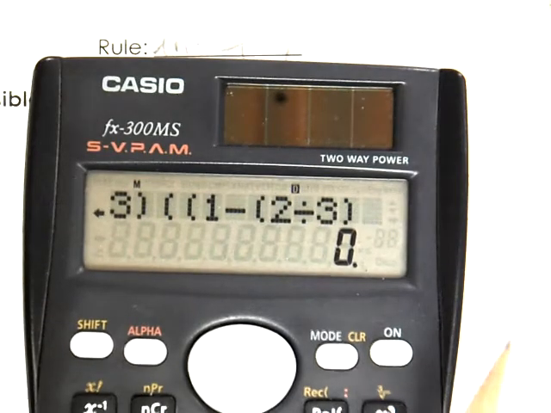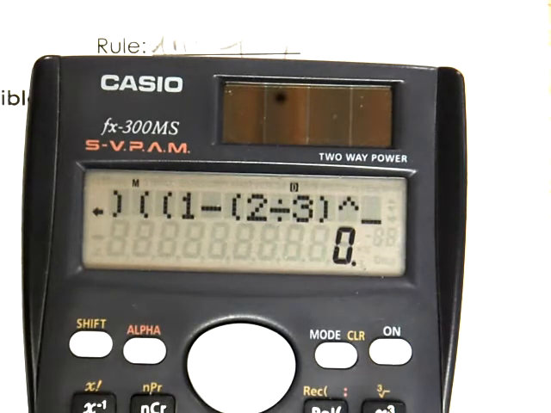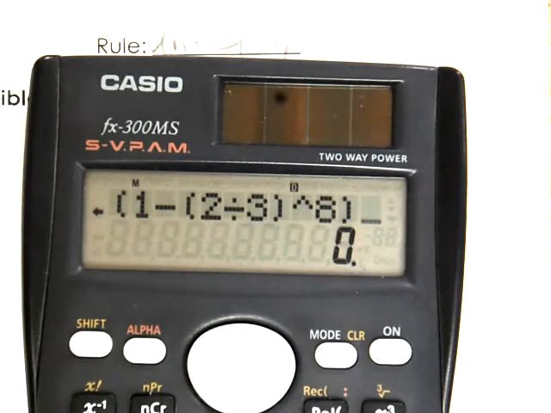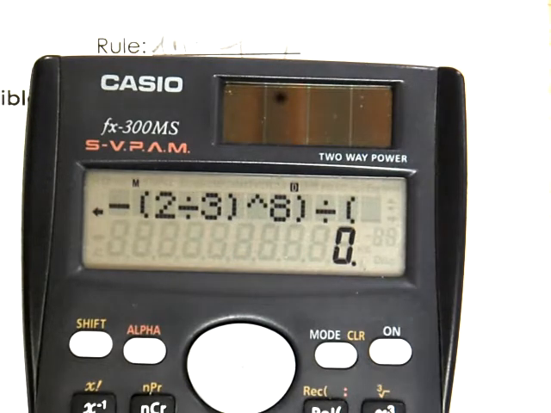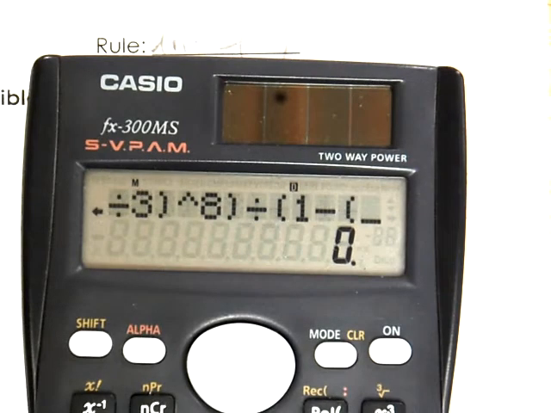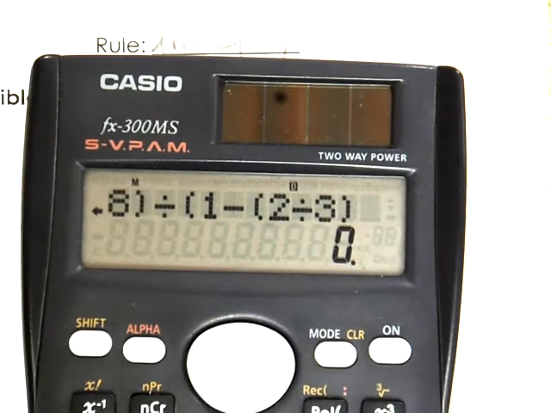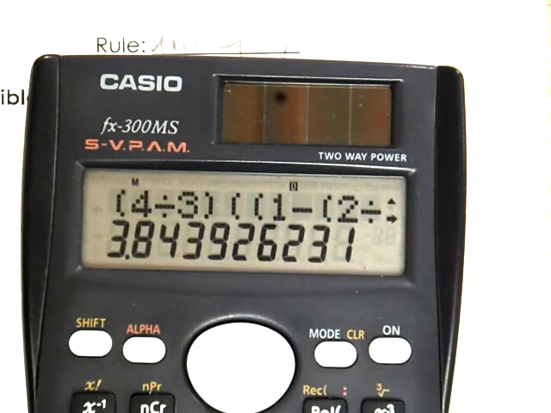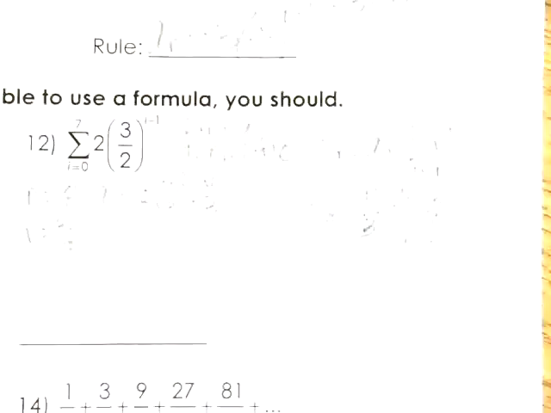And that fraction of 2/3 is raised to the 8th power. That closes our numerator down. And then we divide that by our denominator, which is 1 minus a fraction of 2/3, that's not raised to a power. We get our answer of 3.84.